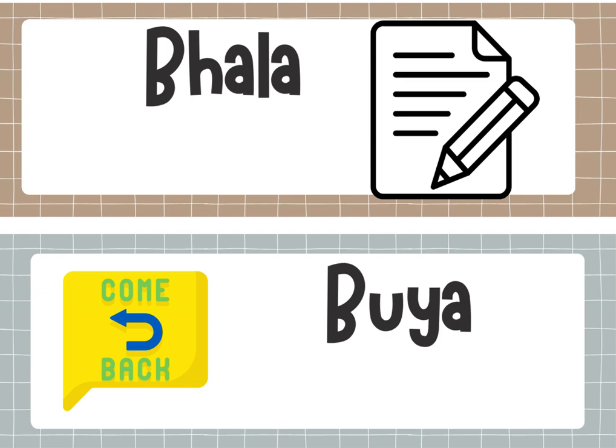They can send you to go somewhere, and while you are about to go out, they can call you and be like, Haibo, buya, Mary, buya. It means come back. Or because they forgot to tell you something or to give you something. Or you can even use it to call your friend and be like, buya, Lucy, buya.